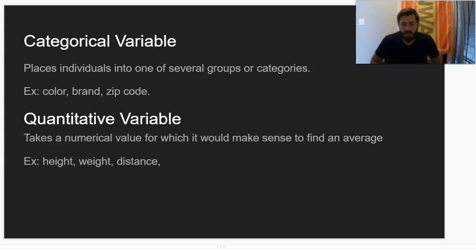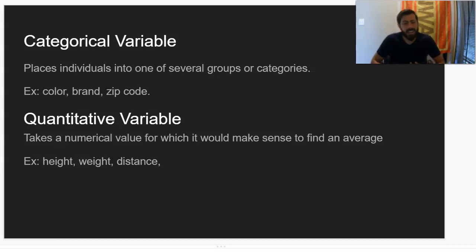A quantitative variable is a variable where you take a numerical value of something from an individual, and that numerical value has to be something for which it makes sense to take the average of. And we know average is where you add everything up and then divide it by the total number of things in that set.